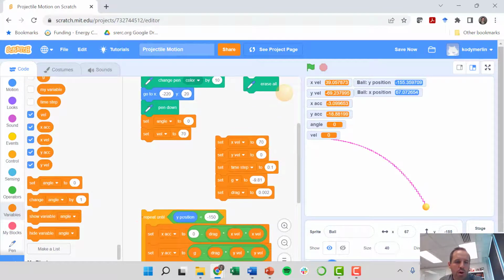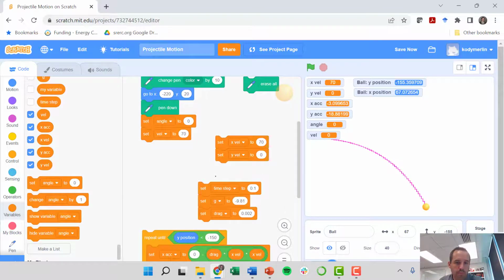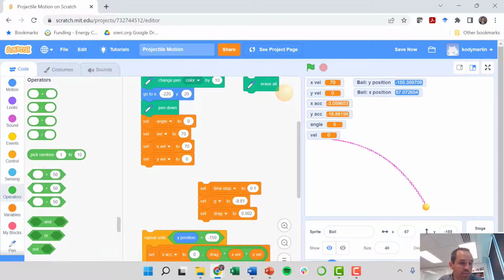Okay, so now what we want to do is change our x velocity. We want to calculate it instead of just picking a velocity like we did before. We want to calculate it based on our overall velocity and our launch angle. So what I'm going to do is use a formula.